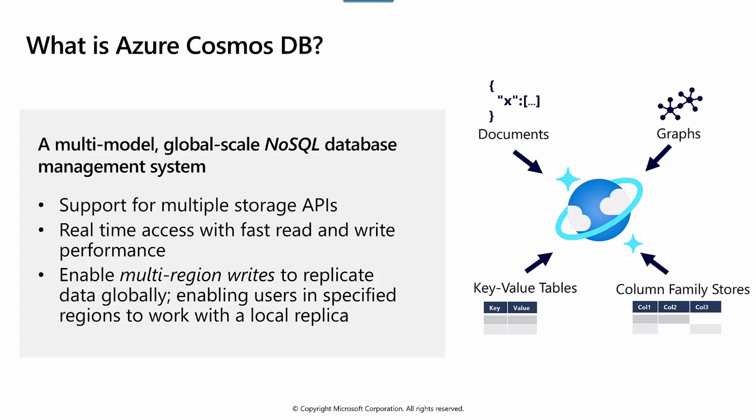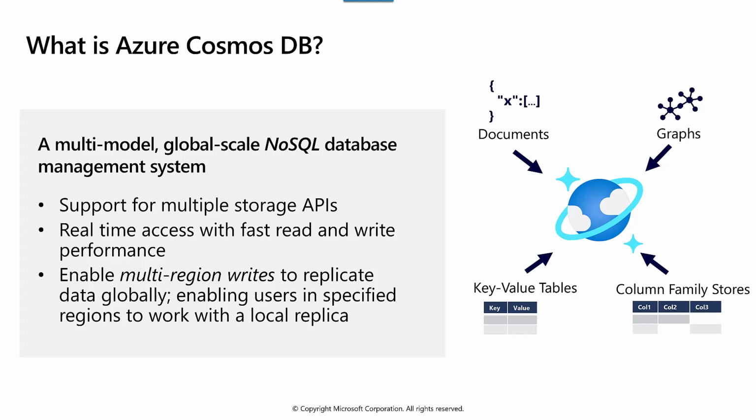Another very important thing is that it uses indexing and data partitioning to provide extremely fast read and write performance, and it can scale to a huge volume of data. It has another very nice thing, which is multi-region writes.